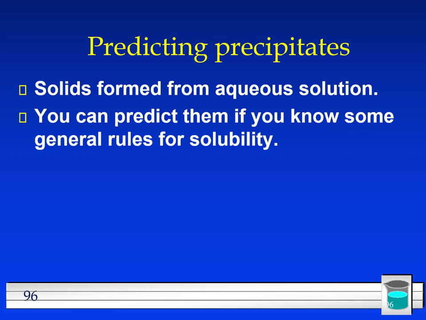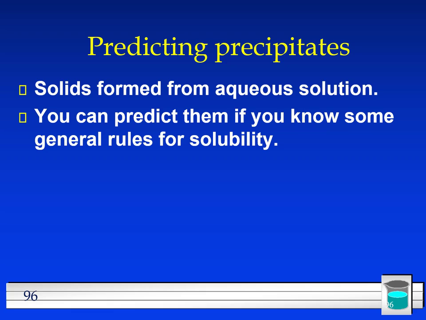So you predict them if you know some general rules for solubility. So they fall into two categories: things that dissolve, things that don't dissolve. There's 5 rules. You don't have to memorize them.